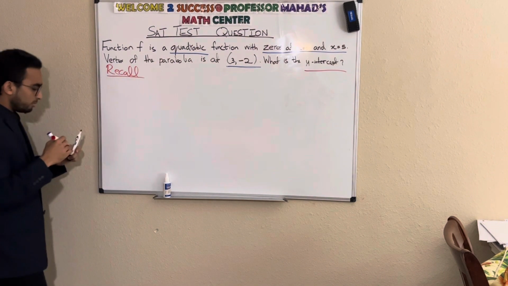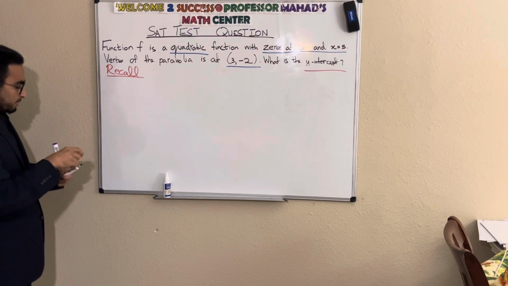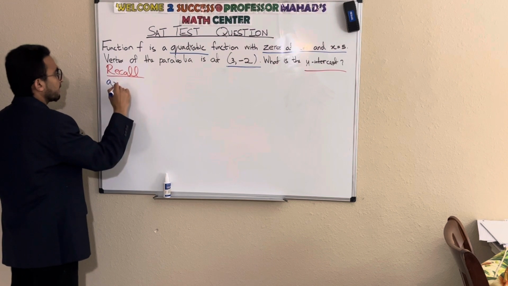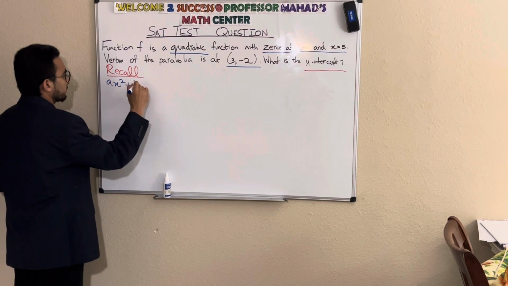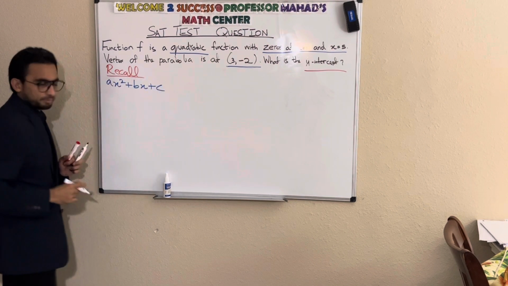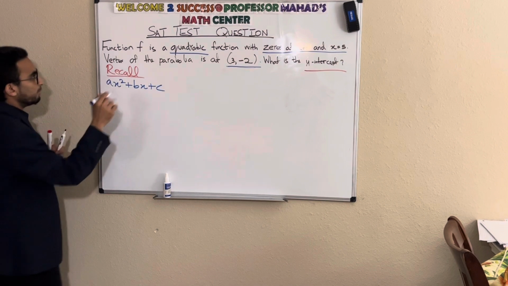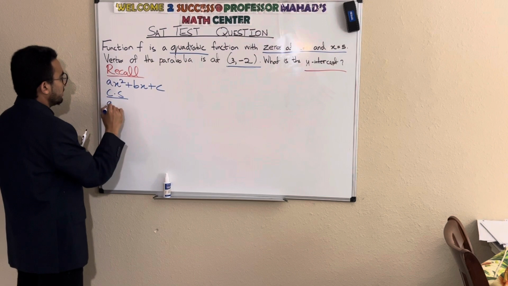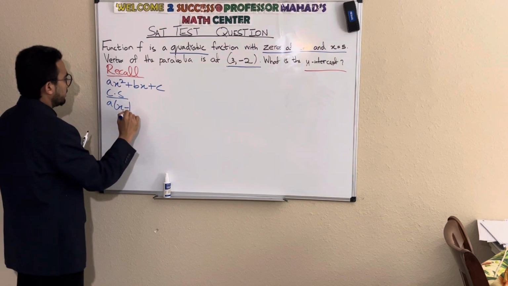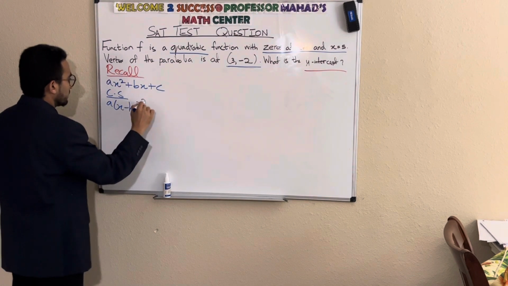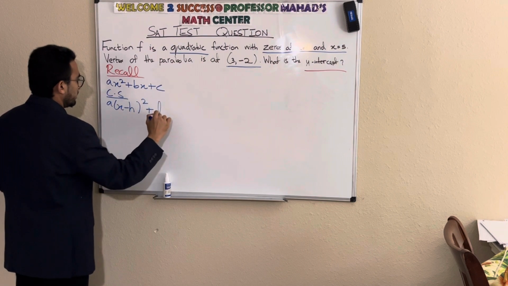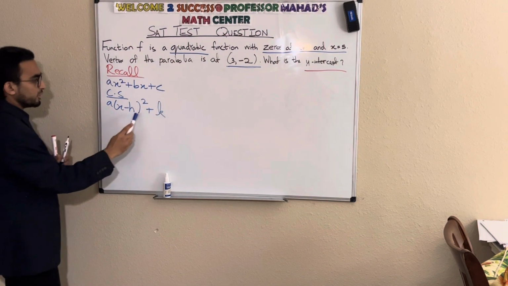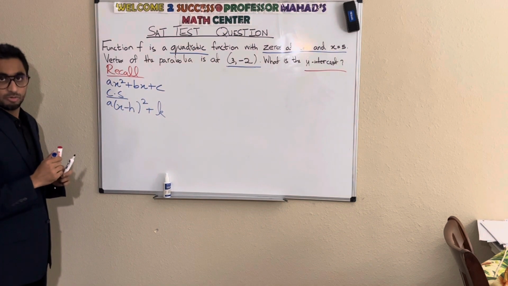the general form of a quadratic function is, right, and then the completed square form is, where your h and k will give you the vertex, right?